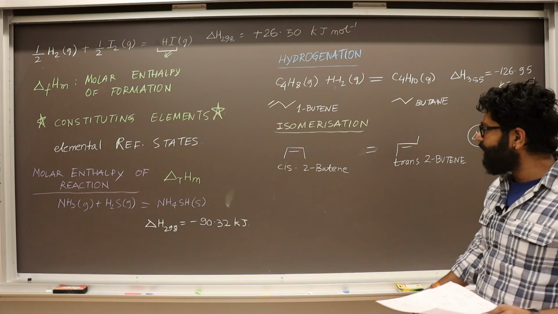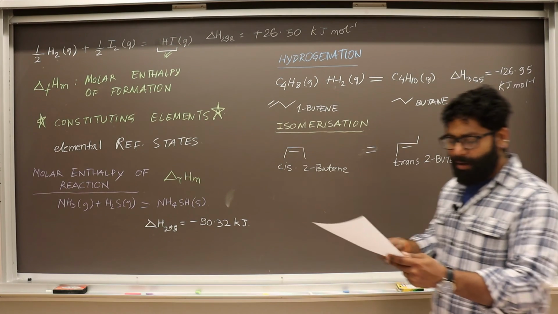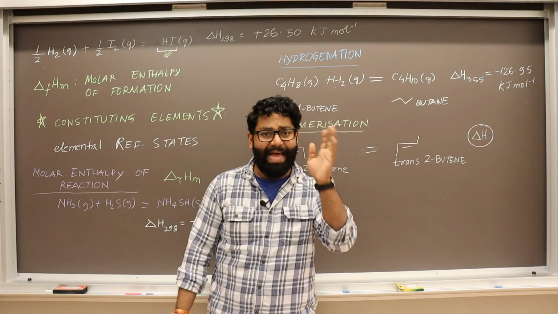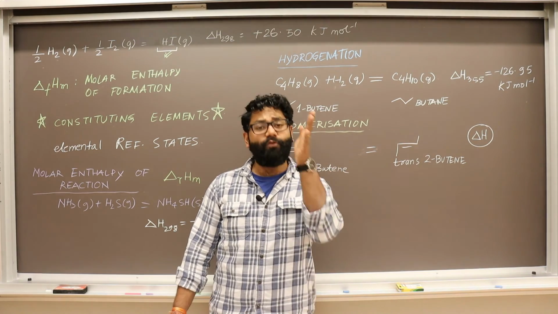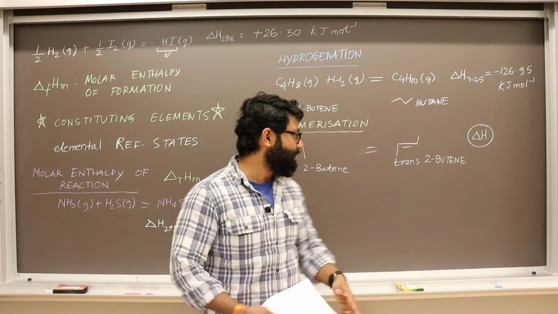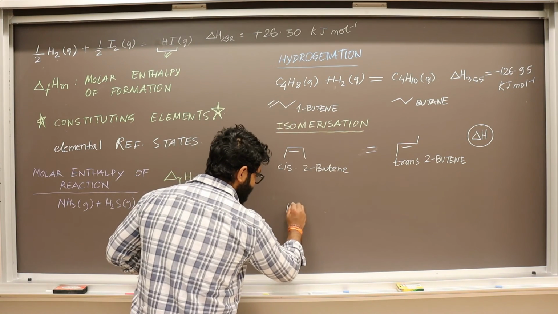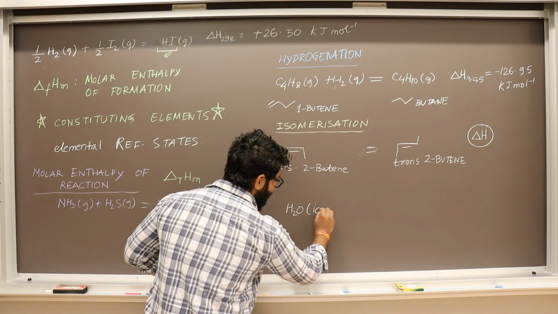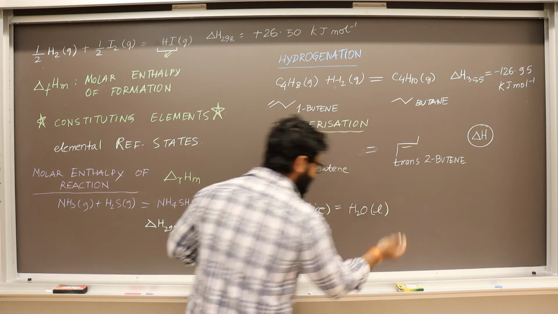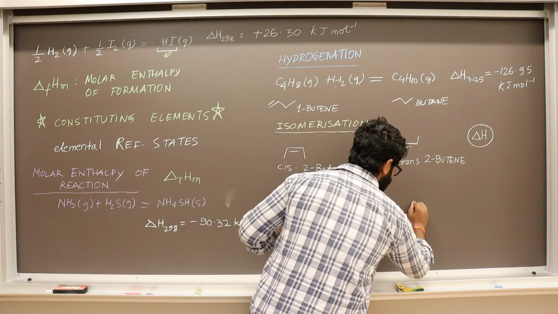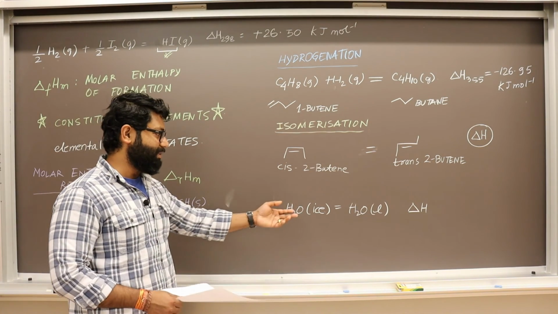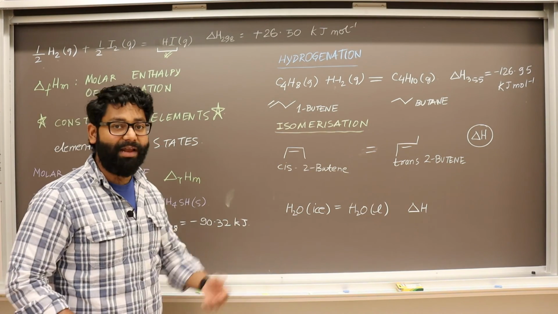Okay. Similarly, you can have molar enthalpies of fusion, like say you have water ice, and that ice is melting to form liquid water. So there is an enthalpy. If you have H2O ice and you are forming H2O liquid, now there is a delta H associated with that. Now, if I ask you to guess, will it be exothermic or endothermic?